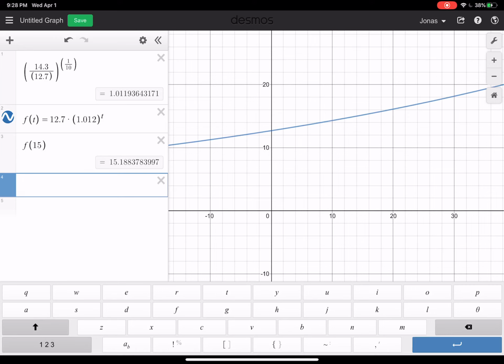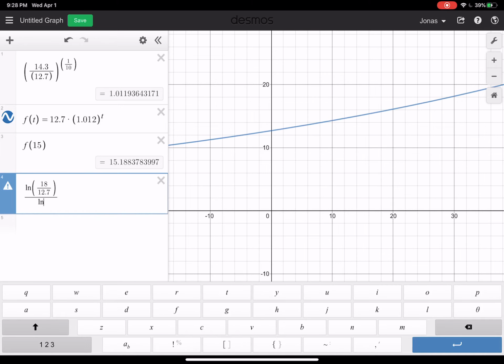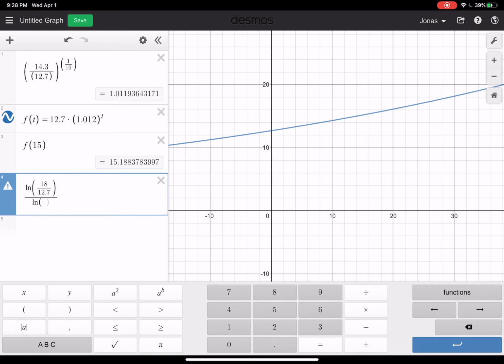So here we have natural log of 18 over 12.7 divided by the natural log of 1.012.